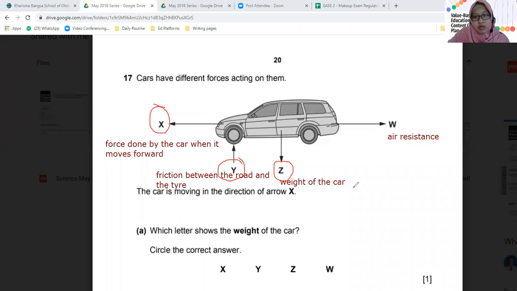The weight of the car is represented by Z, because the force comes from inside the Earth, from the core, and that is pulling everything on the surface. So which letter shows the weight of the car? Yes, it's Z.